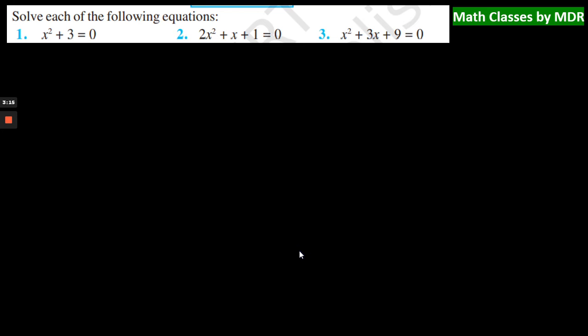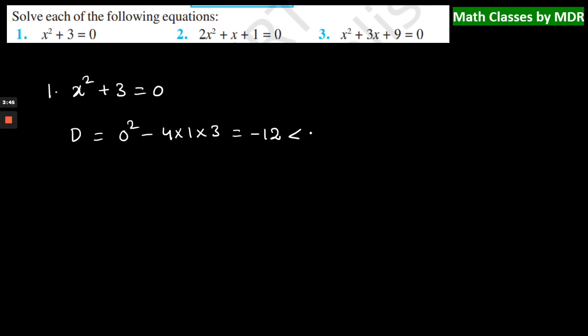Now let us see that. Starting with the first one, x square plus 3 equals 0. This can be solved in two ways. First, x square plus 3 is equal to 0. What is b here? b is 0, right? So the discriminant D is 0 square minus 4 into a, which is 1, into c, that is 3, which is equal to minus 12, which is less than 0.